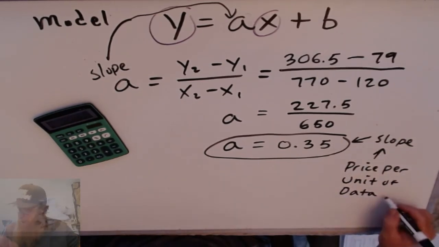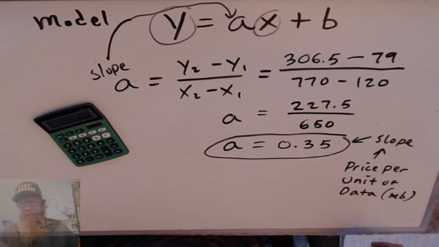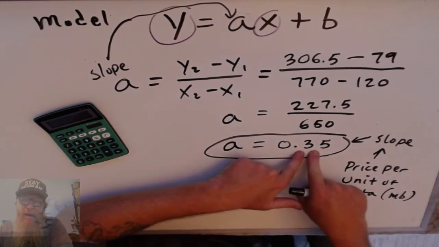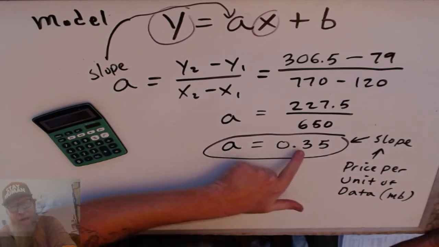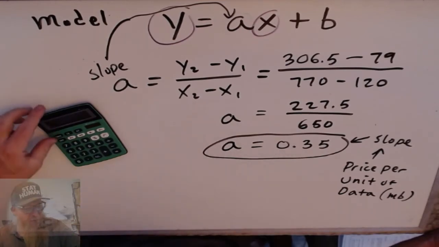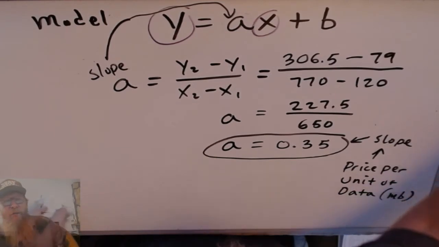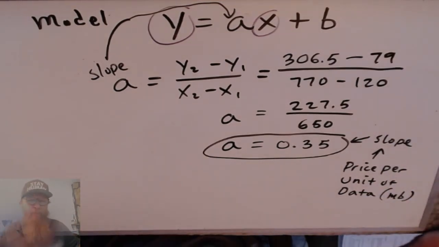So we're measuring data in megabytes. So every megabyte is 35 cents. If you want to know intuitively what that means, it means you're paying 35 cents every time you use the phone. Yeah, every time you use a megabyte of data.